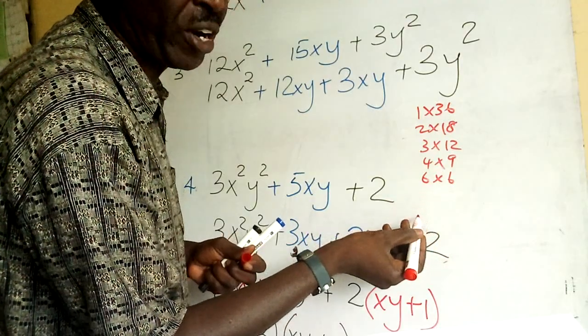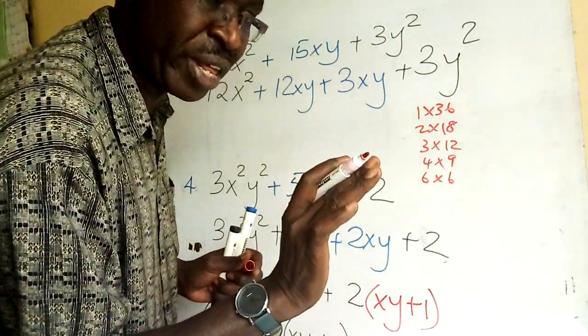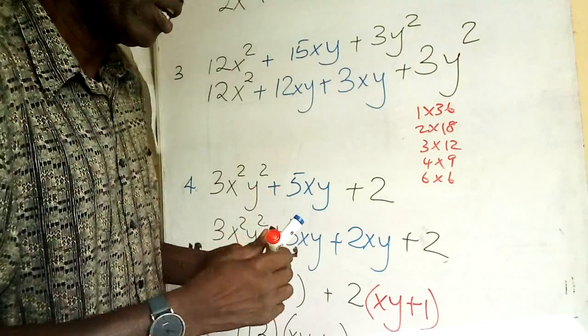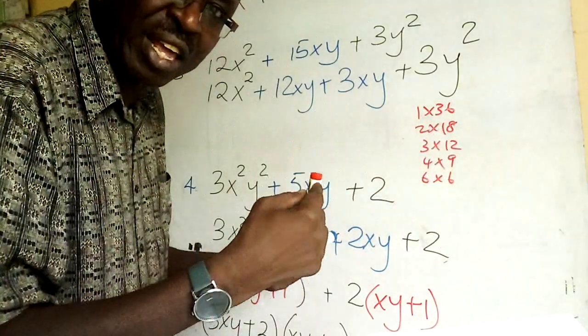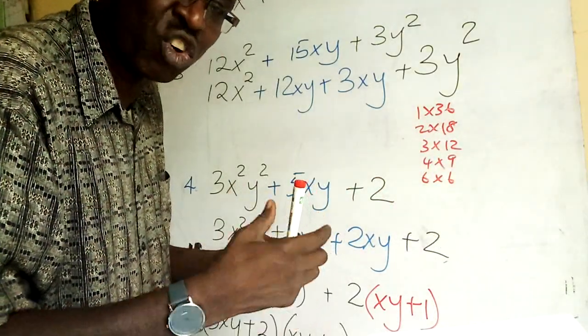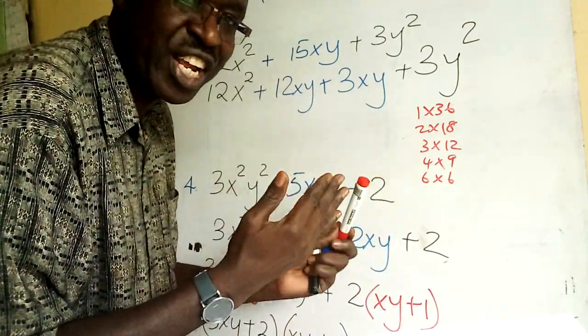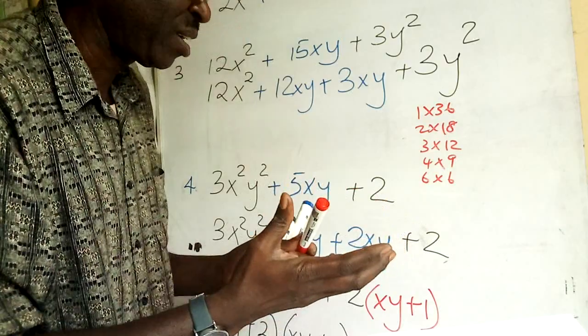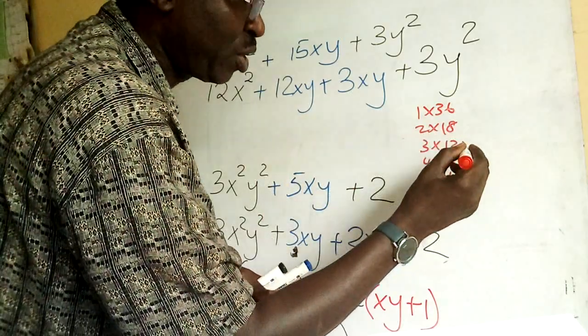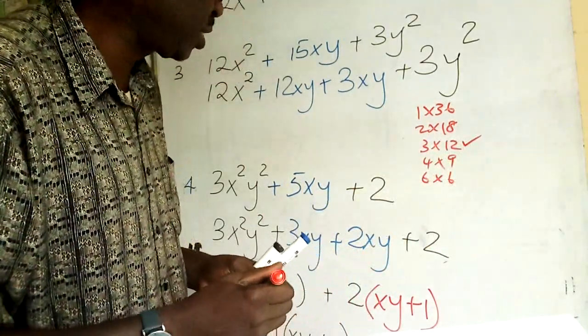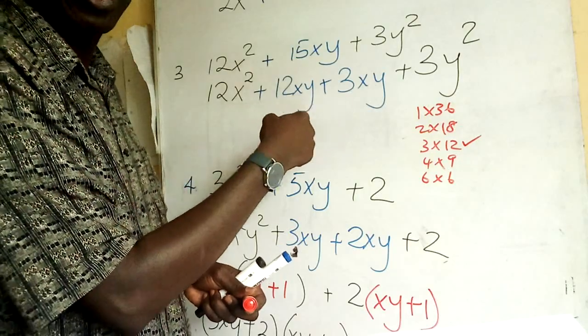If you move further, you will start repeating. So stop there. Then you see which combination I can maneuver with the appropriate sign to give you the middle term. You see 3 and 12 is near. Then you put the appropriate sign. You put them there, replace.